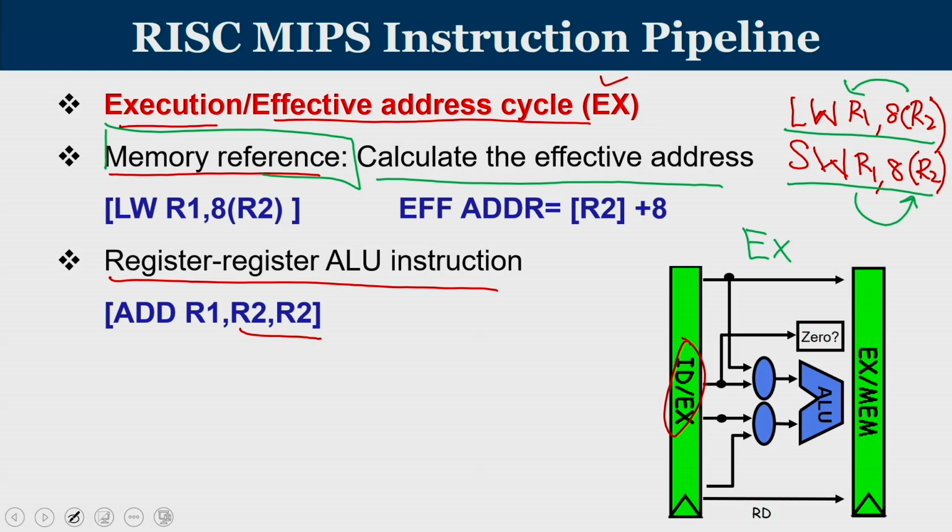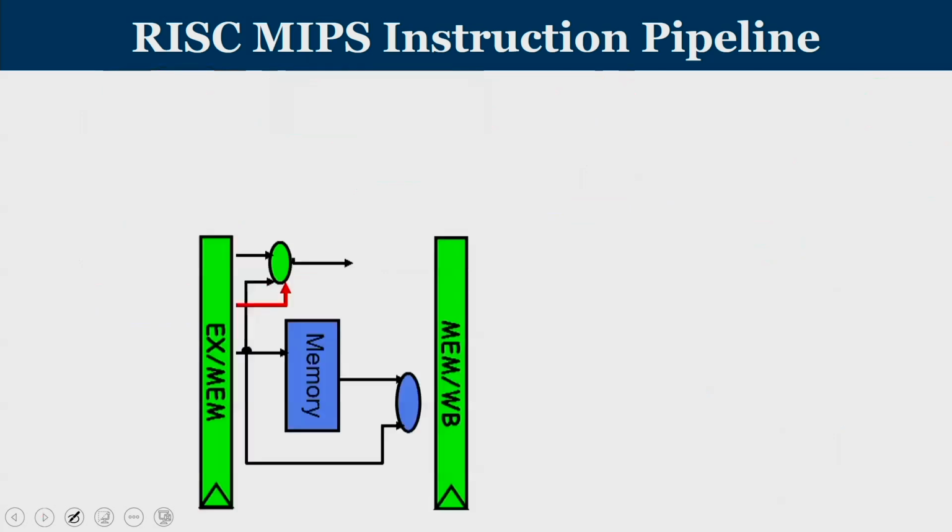So, if it is an arithmetic logic operation wherein both the operands are registers, then the actual execution is carried out in the EX stage. Whereas, if it is a memory reference, then the effective address is computed. So, if you look at the name, either the execution takes place or the effective address calculation takes place in the third stage. The next is the fourth stage.